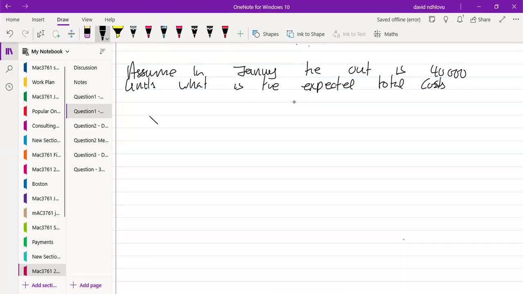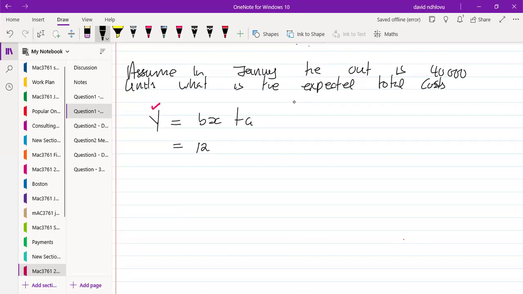Remember we have the cost function which says y is equal to bx plus a. This time what we're looking for is the y, which is the total cost. However, we already know that variable cost per unit is 12 rand, and the variable cost per unit does not change. It always remains the same.